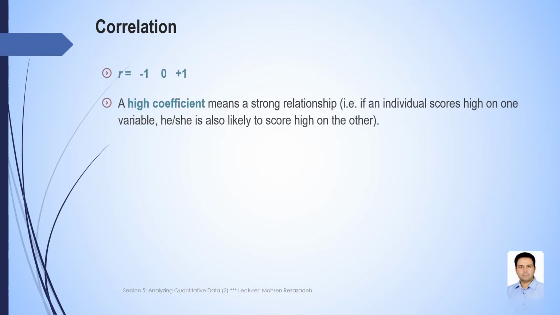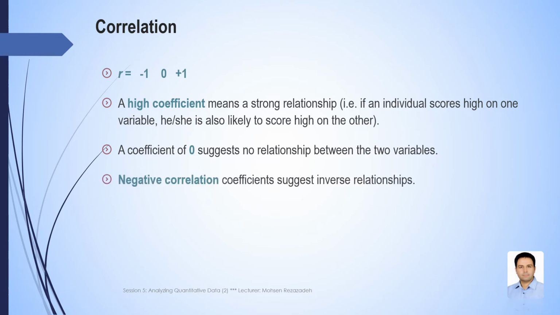This is a high positive correlation. On the other hand, a coefficient of 0 suggests no relationship between the two variables. For example, there is no relationship between students' height and their English proficiency. Here we have no relationship.